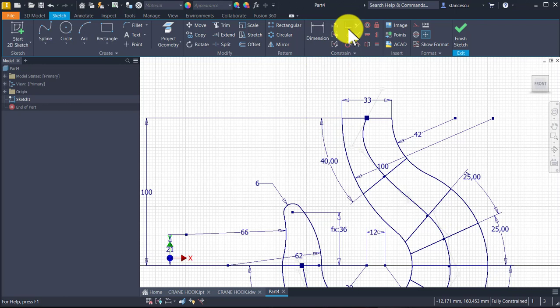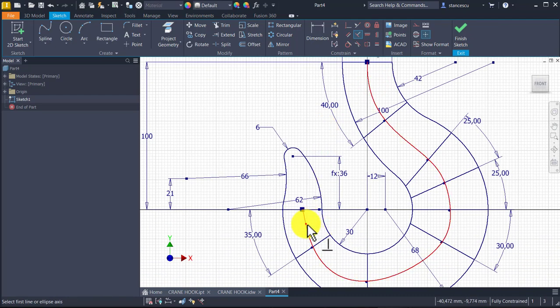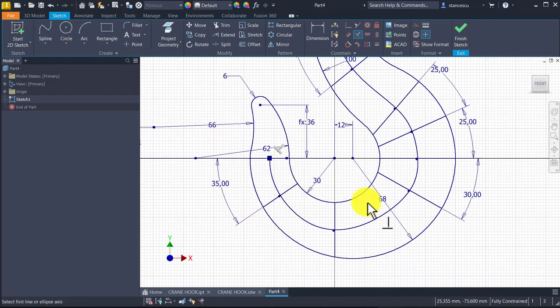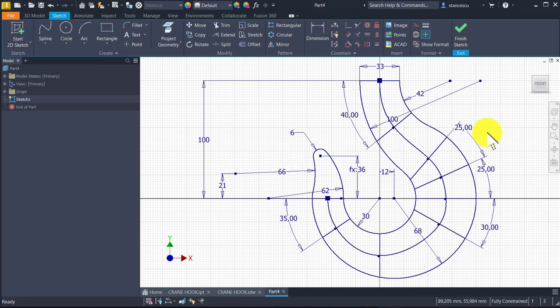But I add this perpendicularity and it will be also fully constrained at both ends. See? You can add any other lines or sections as you want, my friends. It is not simple, and be careful.